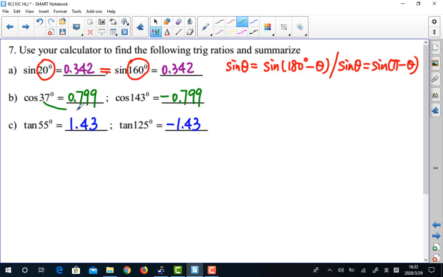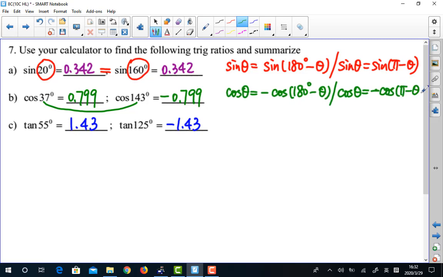If these two angles are supplementary, the cosine ratios are opposite to each other. So I can summarize as cosine theta equals negative cosine of 180 degrees minus theta. In radians, it's cosine theta equals negative cosine of pi minus theta.